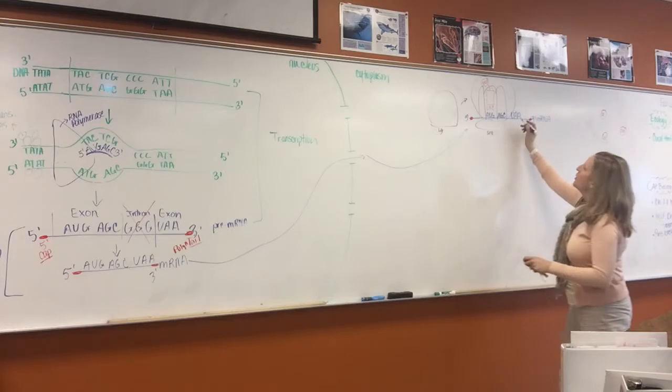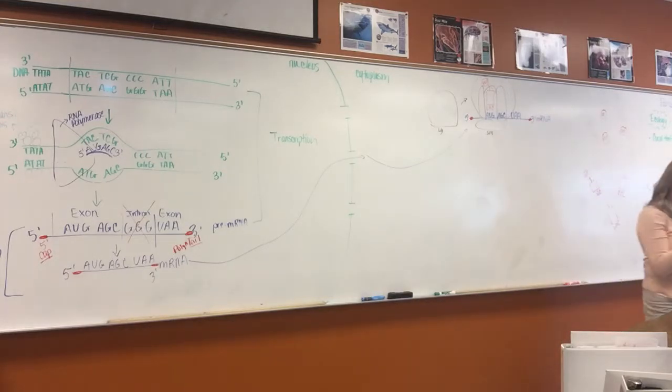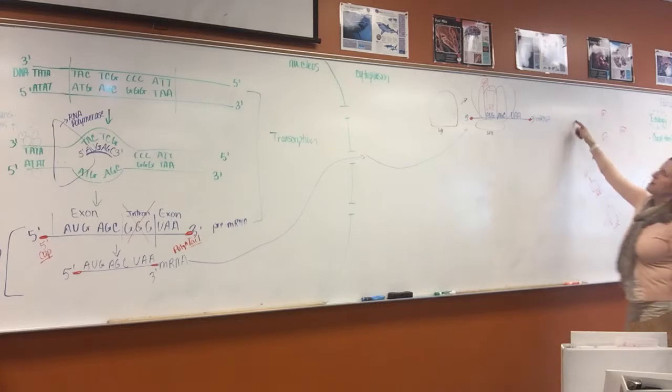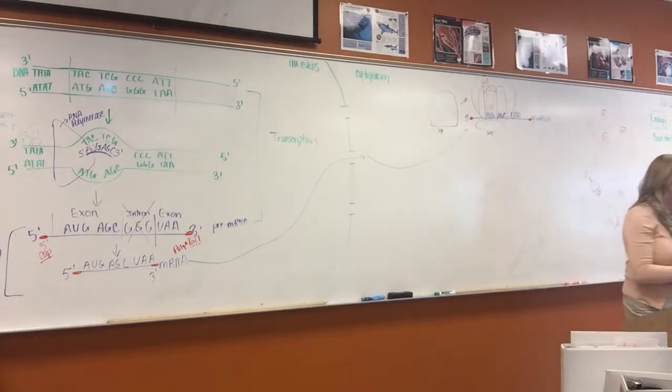So the next codon, AGC, is in that binding site, which means another tRNA molecule can come and bind and bring the second amino acid.